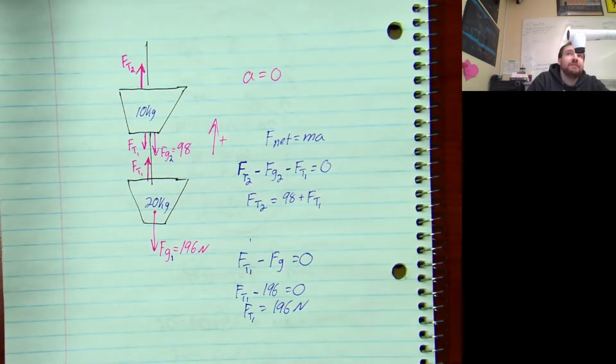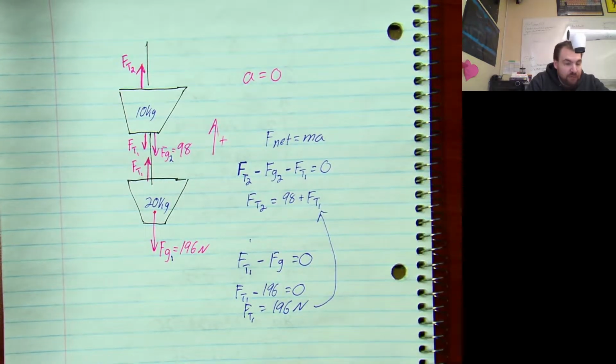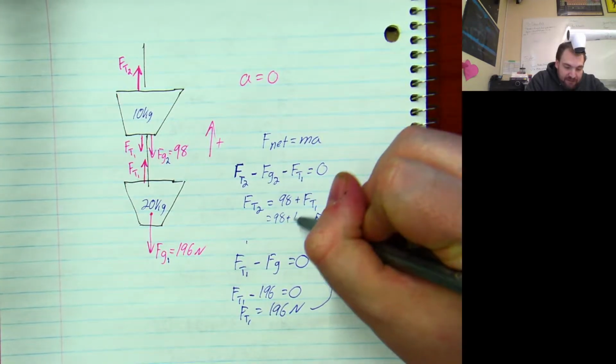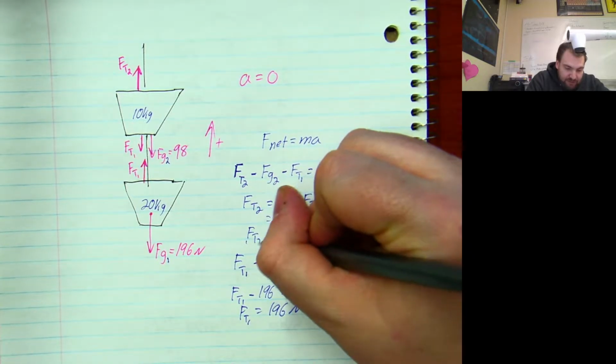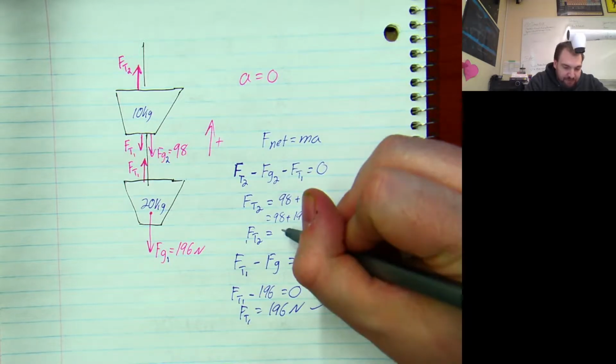So there's that tension. And to find the other tension, you just take that value for FT1 and plug it into the other equation. So we're going to have 98 plus 196. So FT2 is going to equal what? 294. Almost 300.